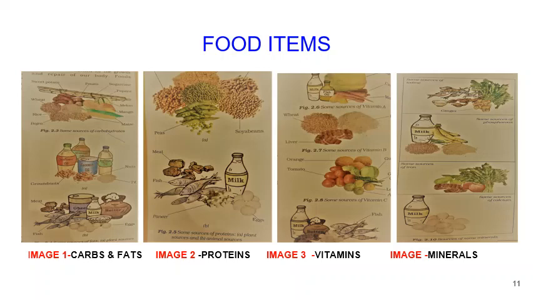Animal food items like milk, meat, fish, eggs contain a lot of proteins. I hope you eat all these things every day. You eat a bit of grains, you eat an amount of oil, you eat an amount of milk, you eat some lentils. If you are a non-vegetarian, you eat some meat, etc.